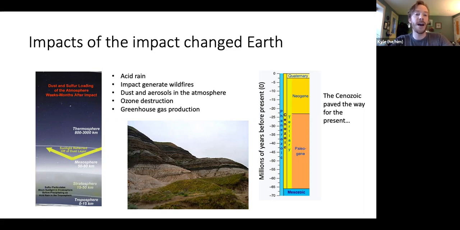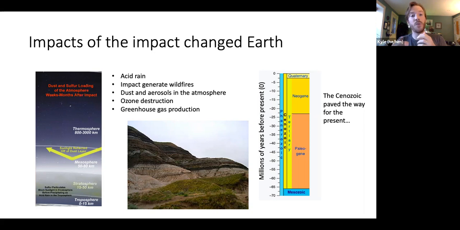So this is a time where Earth started to look more like it is today, physically. That's when the continents sort of shifted into their present configuration. The continents were where they should be. The connection between North and South America was bridged, and Central America formed, which separated the Atlantic and the Pacific Oceans.